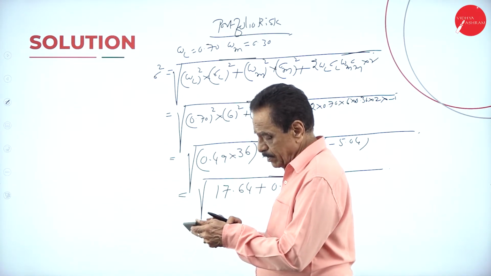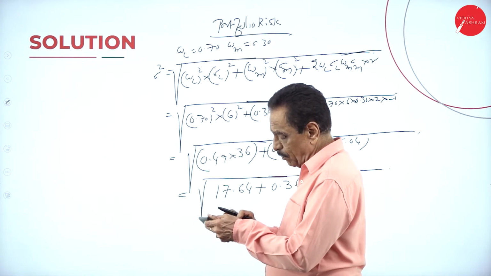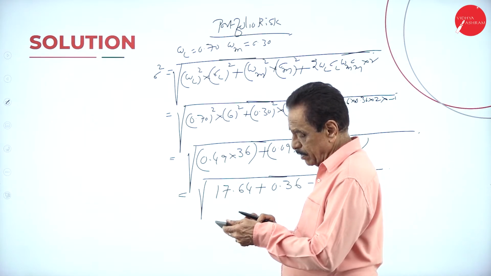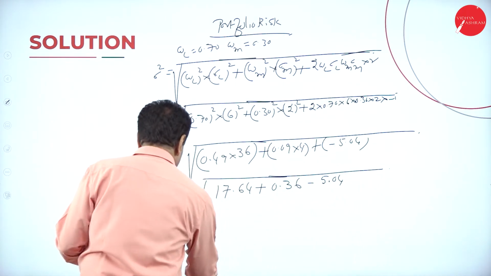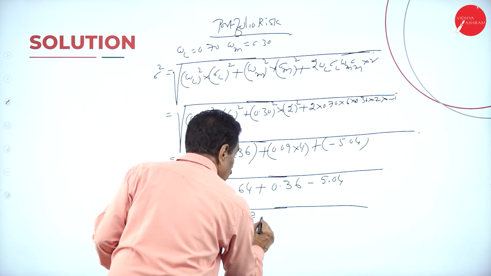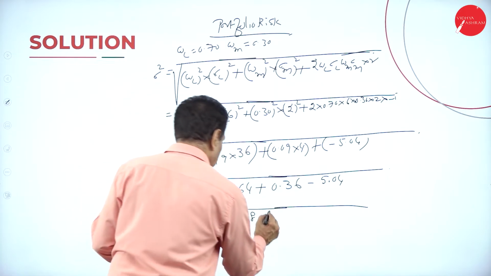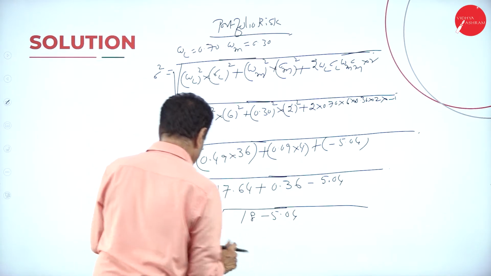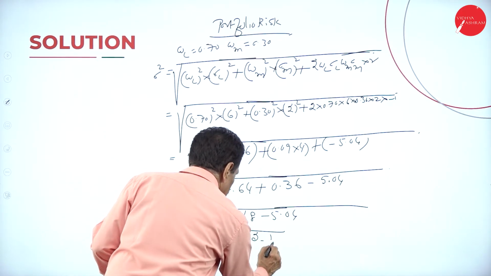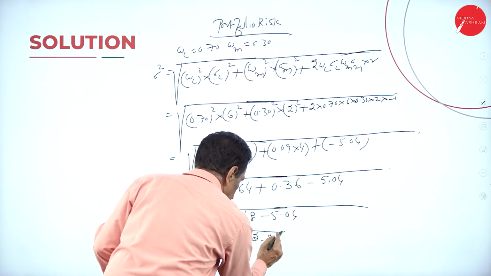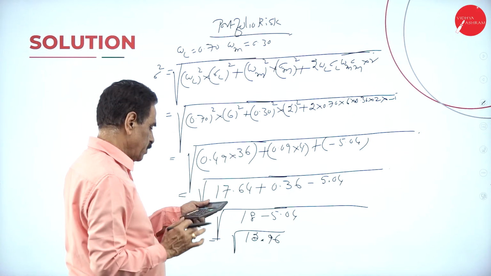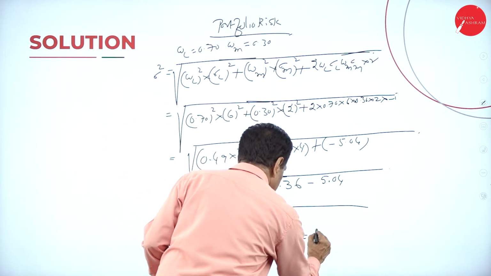Add this: 17.64 plus 0.36 is equal to 18, minus 5.04, 12.96. Root of 12.96 is 3.6%.